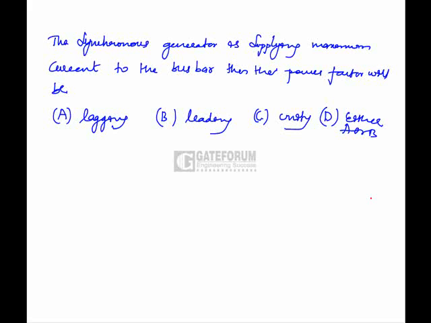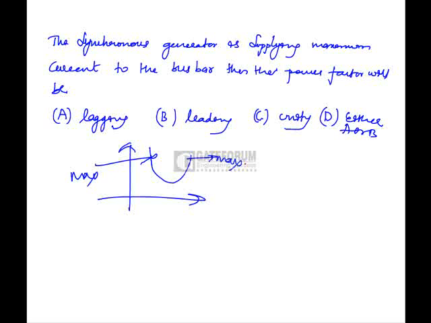Generator: if you have maximum current, then the power factor will be lagging, leading, unity, or either A or B. In a synchronous generator, if you see the curves here, it will be like this. This is the maximum value of current, and this is also the maximum value of current, and this zone is the UPF zone.